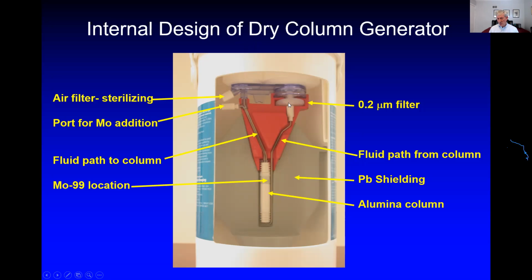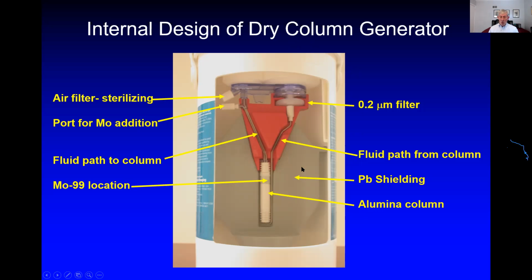It goes through this 0.2 micrometer filter that will remove any pathogen and any particles that might be there. Maybe a fleck of aluminum oxide got in there. This removes anything particulate, and then we collect a clear, colorless, sterile, pyrogen-free solution.